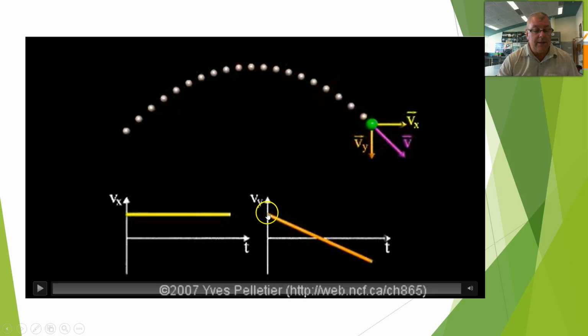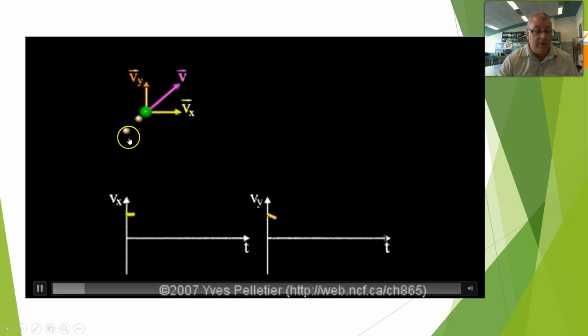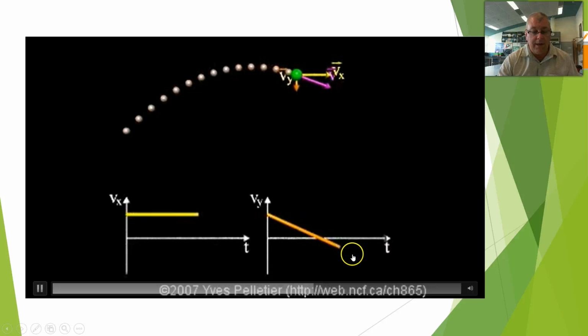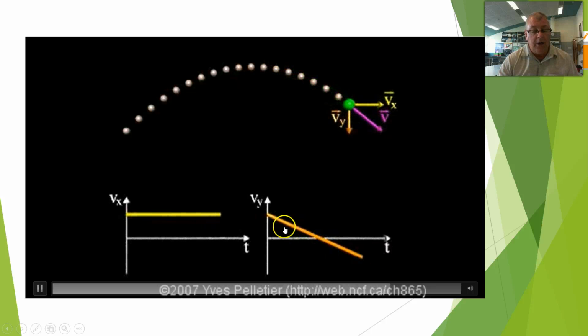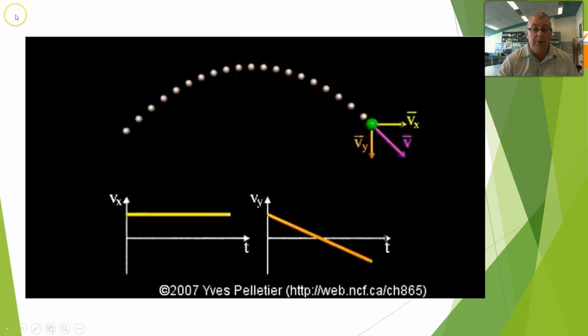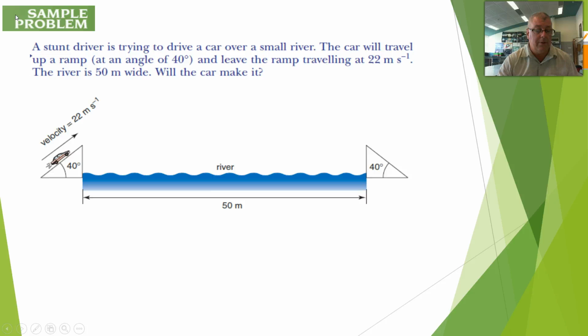It starts out as being positive, and then decreases at a constant rate, and then starts becoming negative and increases. And the slope of this line would correspond to the acceleration, and in this case, it's gravity. So it would be minus 9.8 meters per second, minus 2, sorry.